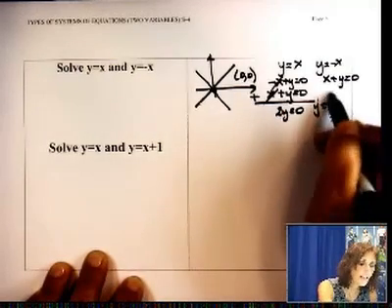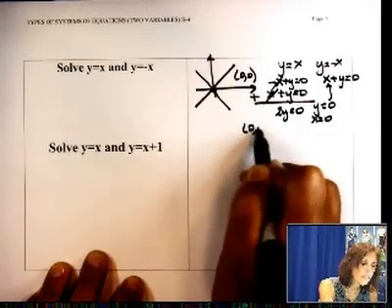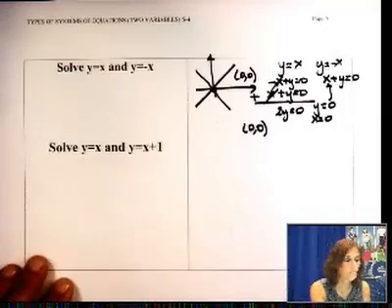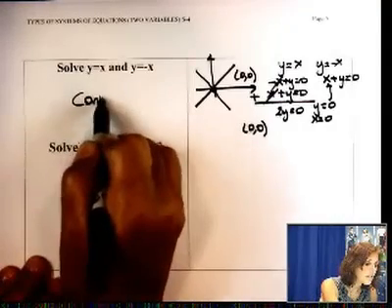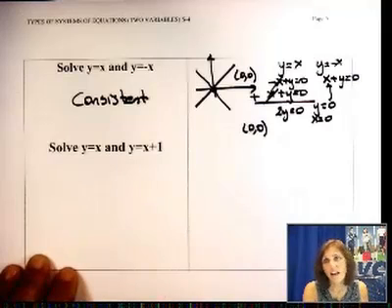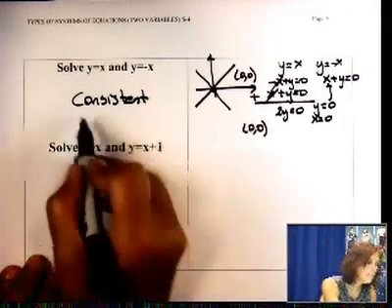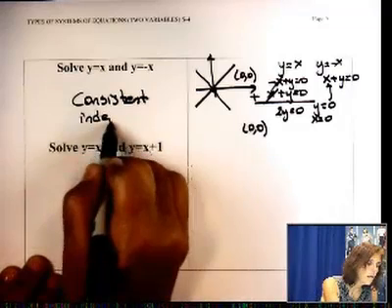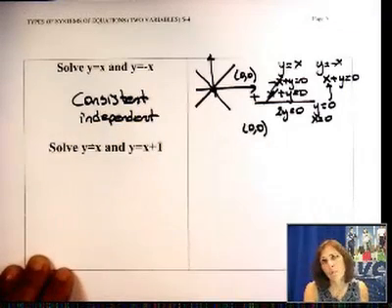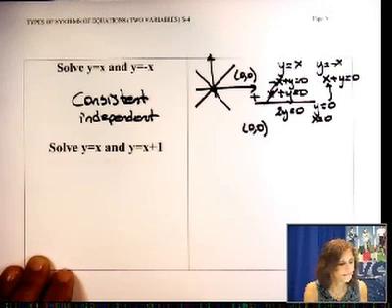And put that back in here, I will also get x equals 0. So 0, 0. What does that mean? This kind of system has one solution, so it's consistent. And I had two separate lines, right? So they are independent. So it's an independent, consistent system with one solution.